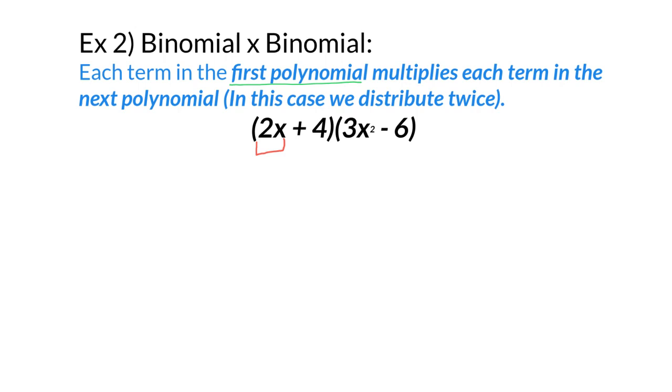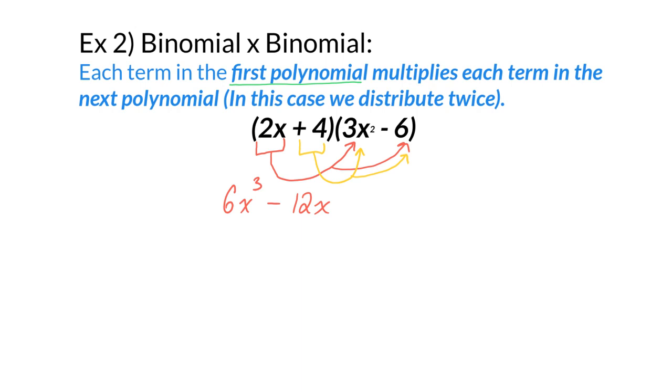That means I need to take that first term and distribute. I also need to take the second term and distribute. So because I have a binomial in the front, that means I have to distribute 2 times because there are 2 terms. So this is what my equation would look like.